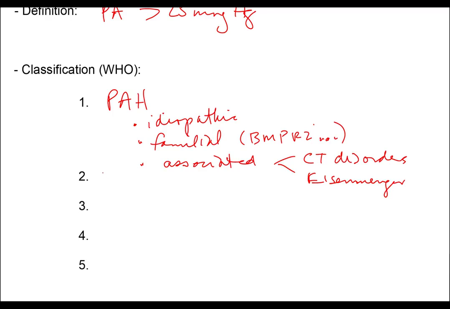So the second category, and this is how WHO numbers them, is going to be pulmonary hypertension associated with left heart failure. Group 3 is pulmonary hypertension with pulmonary hypoxia. So these are mostly going to be our lung diseases, COPD, and our interstitial lung diseases.